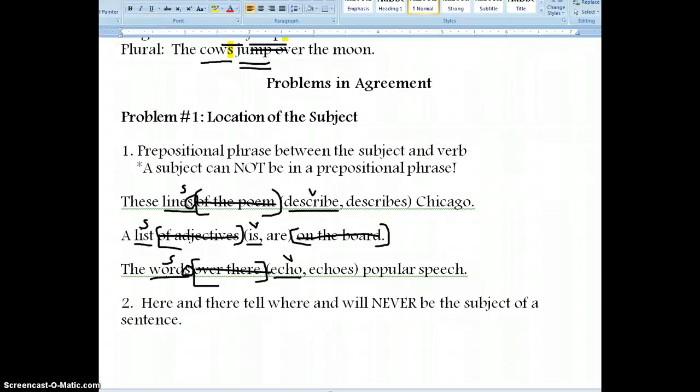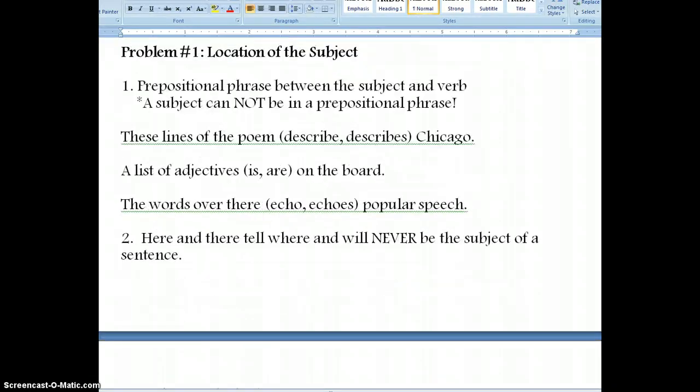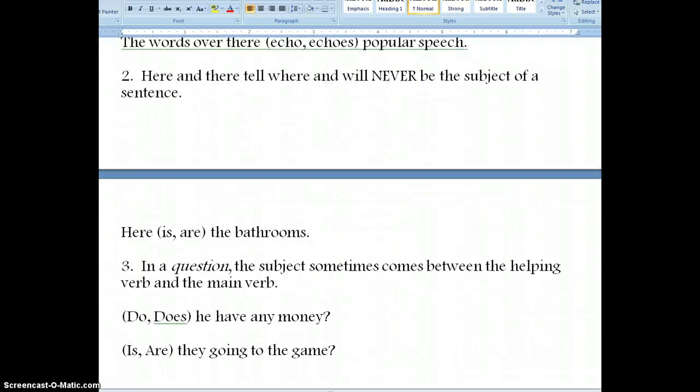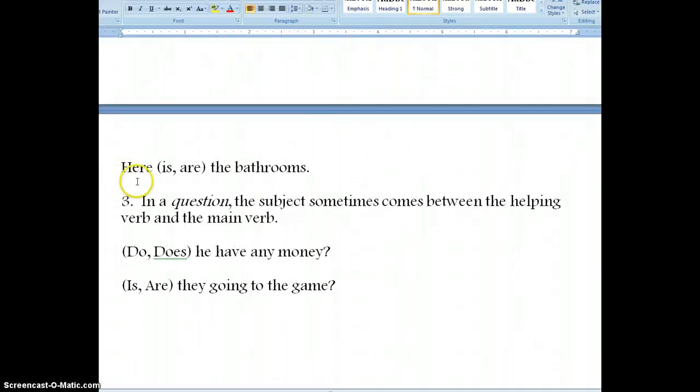Okay, problem of location of the subject. The next one is here and there will never be the subject of your sentence. They usually tell where in a sentence, and they will not be the subject. It also pushes the subject toward the end of your sentence.